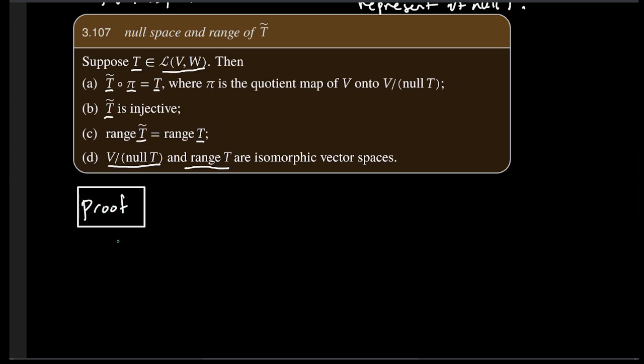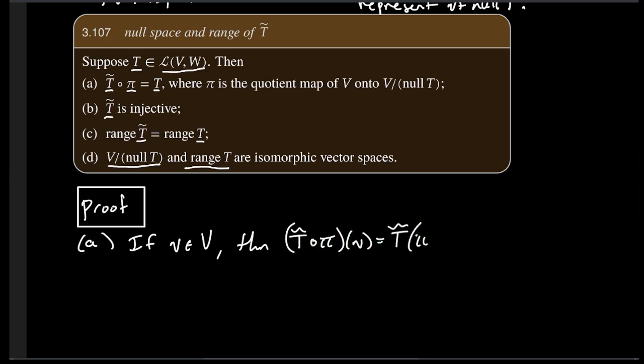All right, first off, part A. If V is in V, then T tilde composed with pi of V is just T tilde of pi V. But what is pi of V if pi is the quotient map?